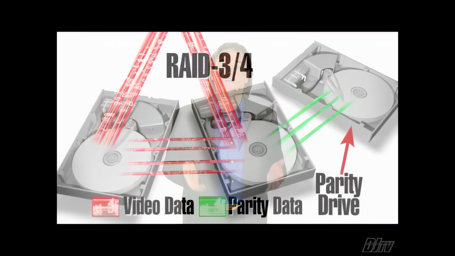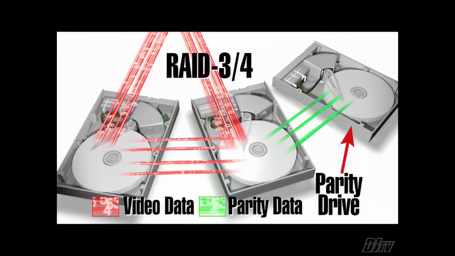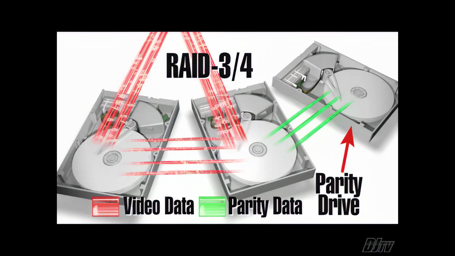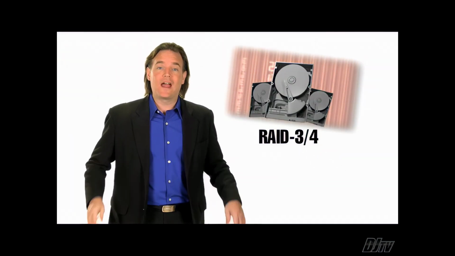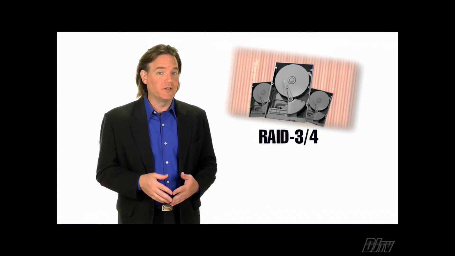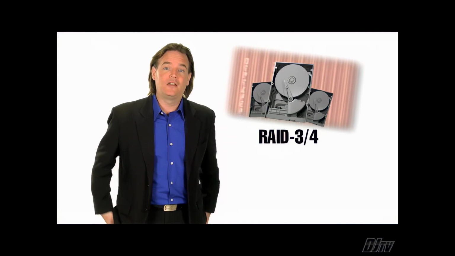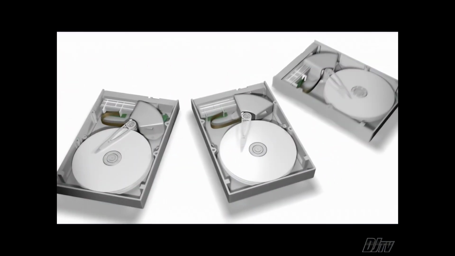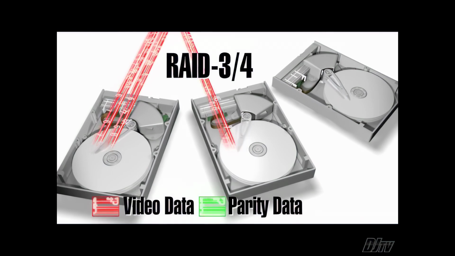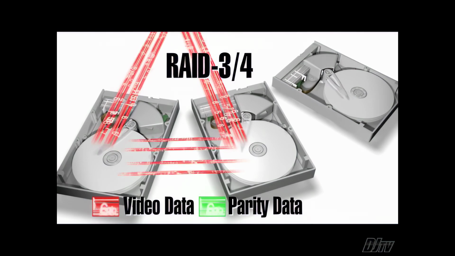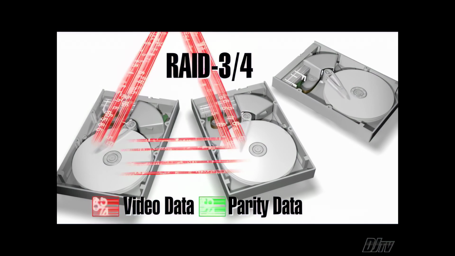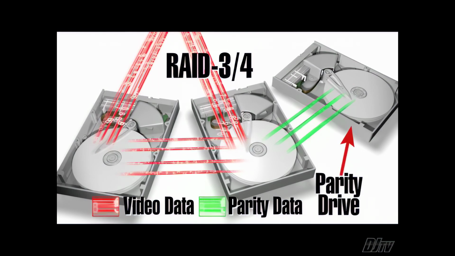We're going to skip RAID 2 and only peek at RAID levels 3 and 4, which are very similar to each other and really aren't used very much anyhow. Like RAID 0, data in a RAID 3 or 4 array are striped across multiple disks to improve performance, but an additional drive is also added to improve data integrity. In its simplest configuration, two drives are striped together into a RAID 0 type array, with a third dedicated parity drive added to the mix.